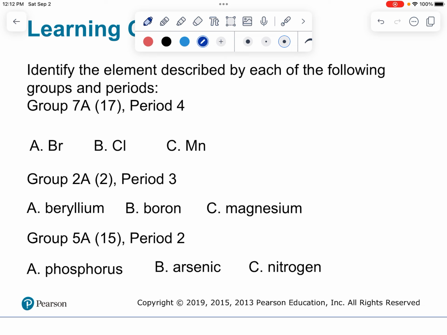Okay, so identify the element described by each of the following groups and periods.